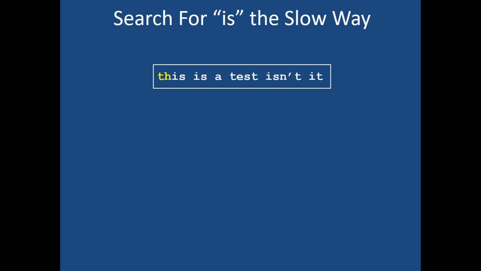If you're looking for the pattern "is", you could take a substring of the first 2 characters and compare that to "is". Are those 2 characters "is"? No. Then we look at "hi", no. Then we look at "is", yes. So we found one match. And then we keep going from there, all through the string.